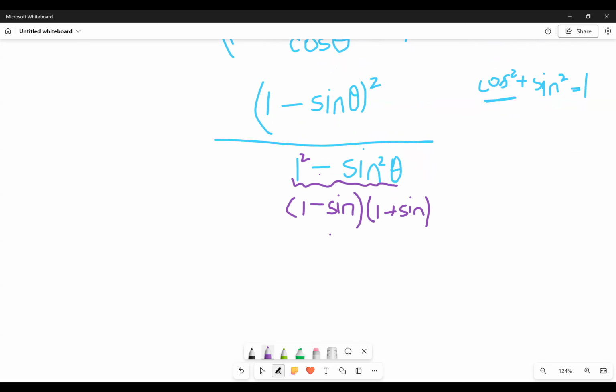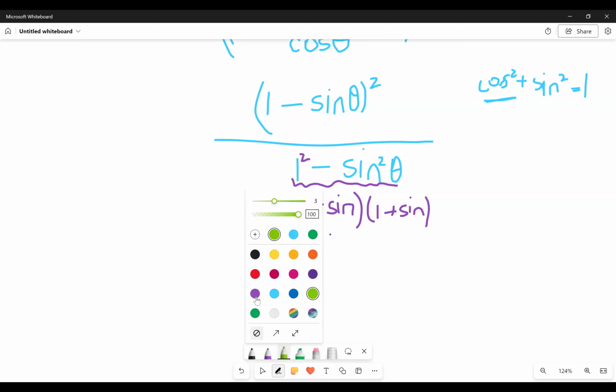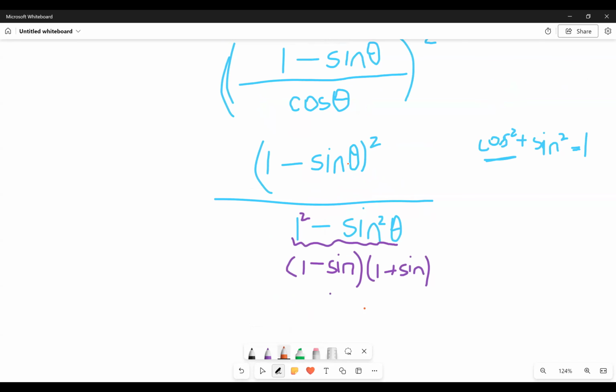That made sense? As in, I saw 1 minus sine squared, I know that this is a difference of 2 squares, and immediately I factorized it. Now you can see that this part, this 1 minus sine all squared, gets cancelled by this.